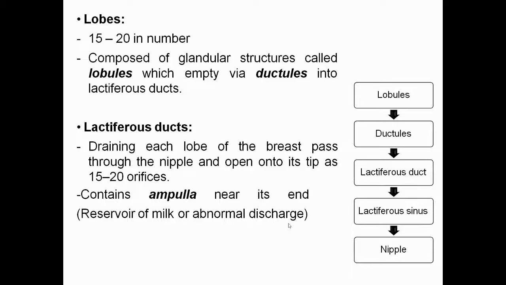So we can see here in this structure lobules, then ductules, then lactiferous duct, and it opens into the lactiferous sinus. And the lactiferous sinus opens to the orifices on the nipple.